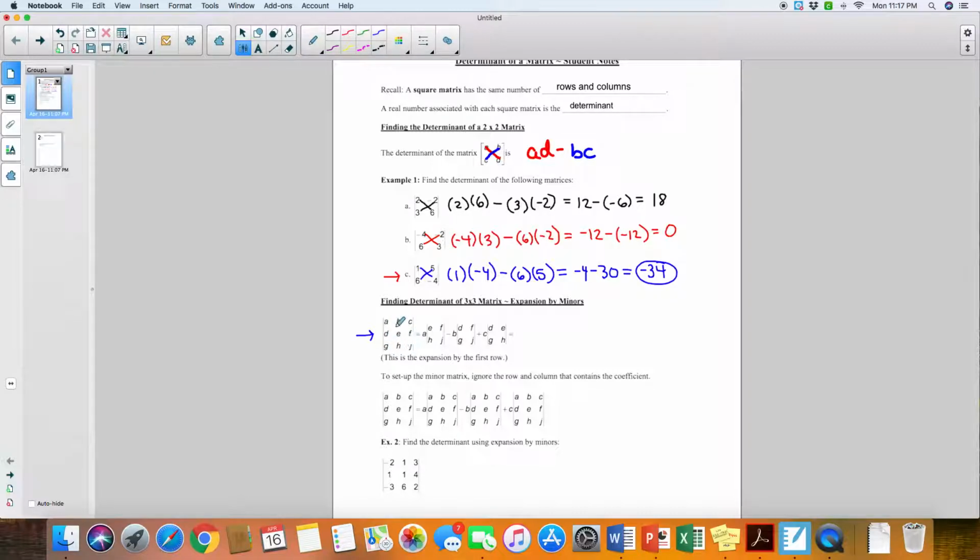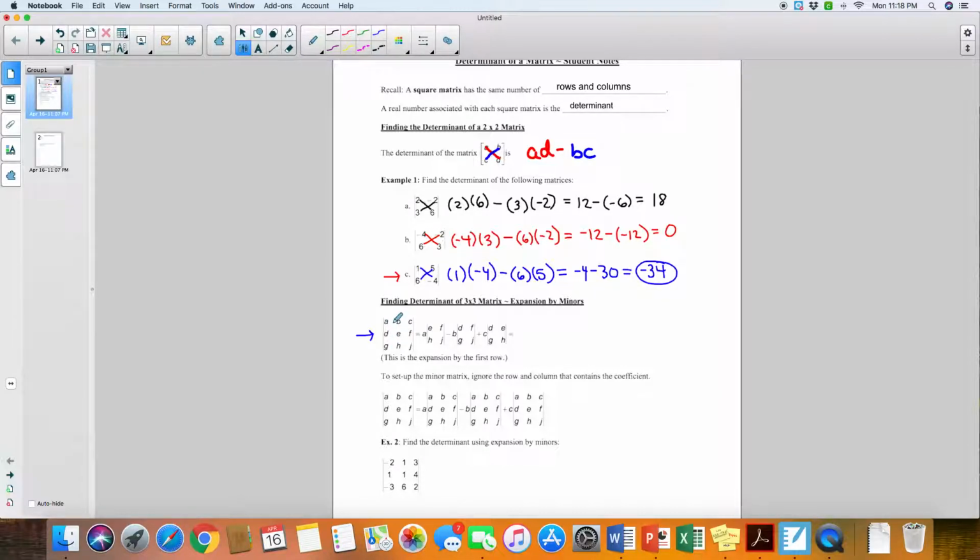So this is the 3x3 matrix. You would take element A, and then you will multiply it by its minor. The minor is going to be what you get left over after you remove the row that contains A and the column that contains A.